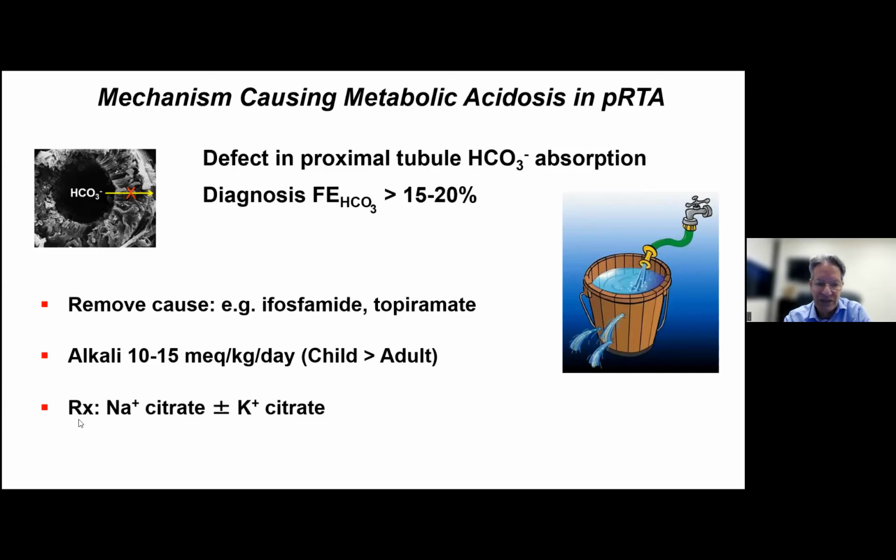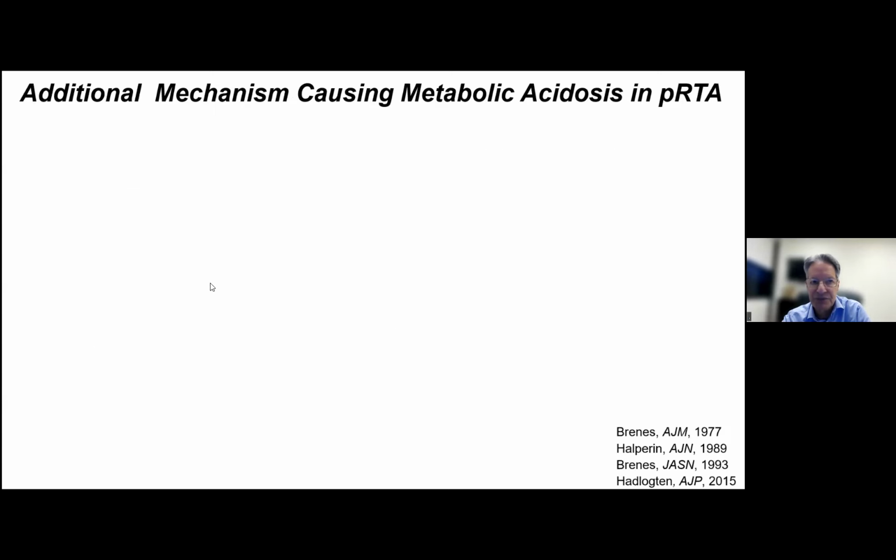The adult needs less, but it depends on the magnitude of the transport defect. And you can give sodium citrate also rather than giving bicarbonate. And some of them are hypokalemic, not all of them. You might want to replace the potassium also.